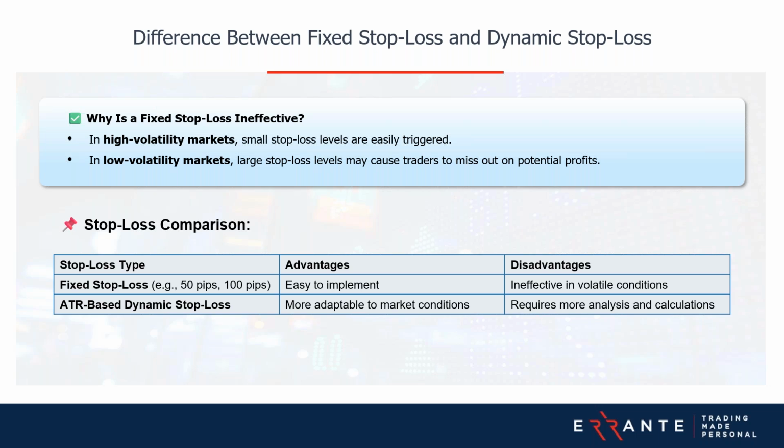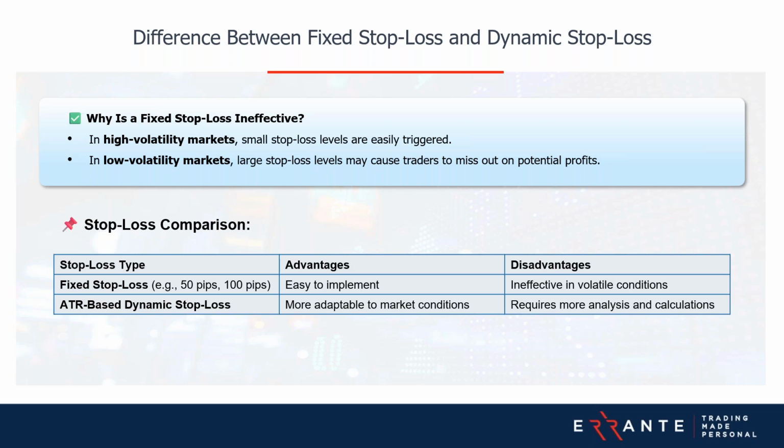First, high volatility markets. When the market is volatile after, for example, an FOMC decision, as you saw after US CPI or any geopolitical events, price movements become larger, and a fixed stop loss of 50 pips can be too tight and gets hit easily, even if the trade idea is correct.